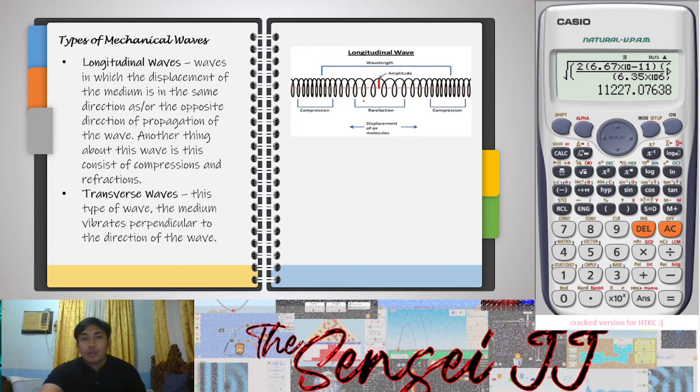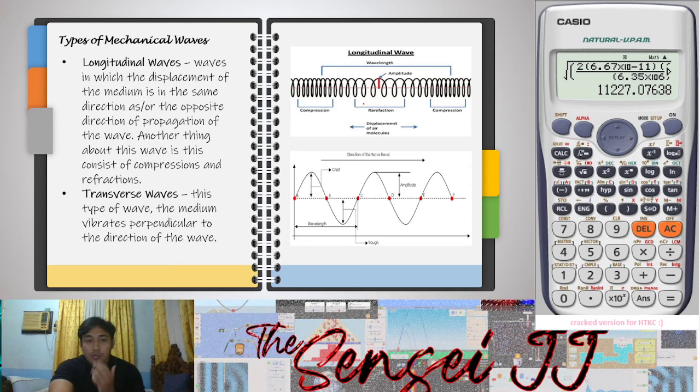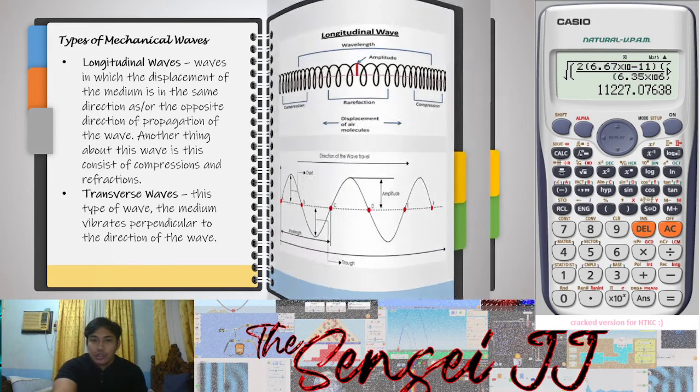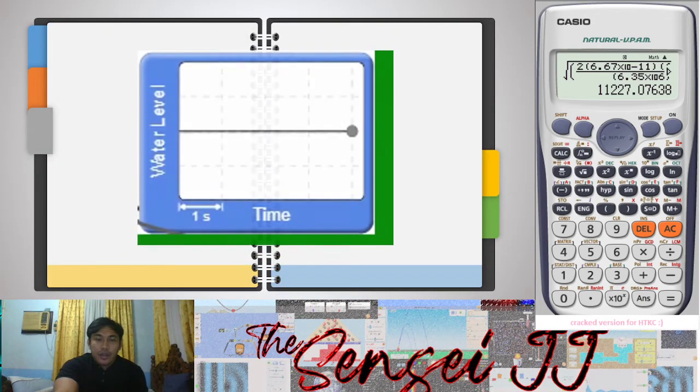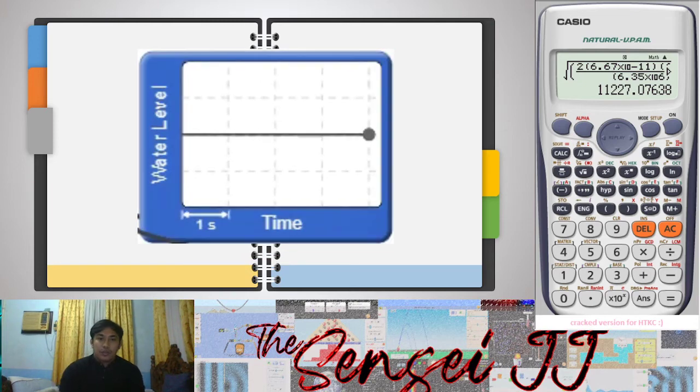So this is what we call the longitudinal waves, and this one is what we call the transverse waves. These are the most commonly known waves that we can see or can be applied in our real life situations.